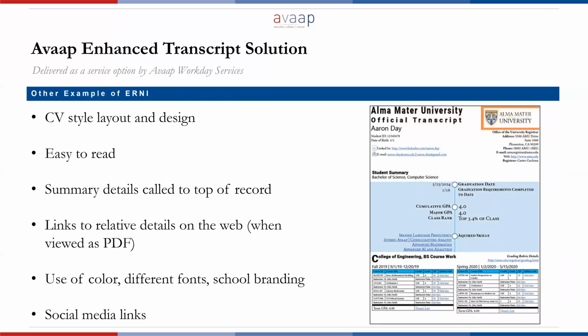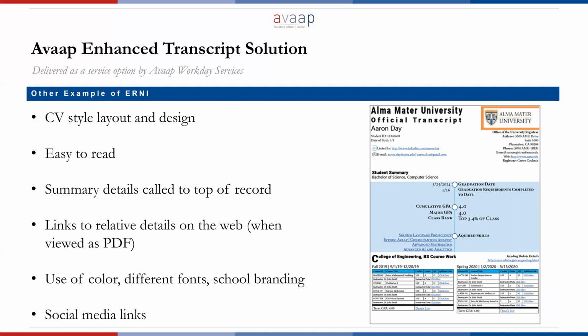So the example on the previous slide is of a simple transcript with many of the formatting and data elements we've seen in the past over the last 90 years of transcripts. However, here we're seeing the Avaap solution can really transform the transcript to show much more of a holistic and modern view of the transcript.